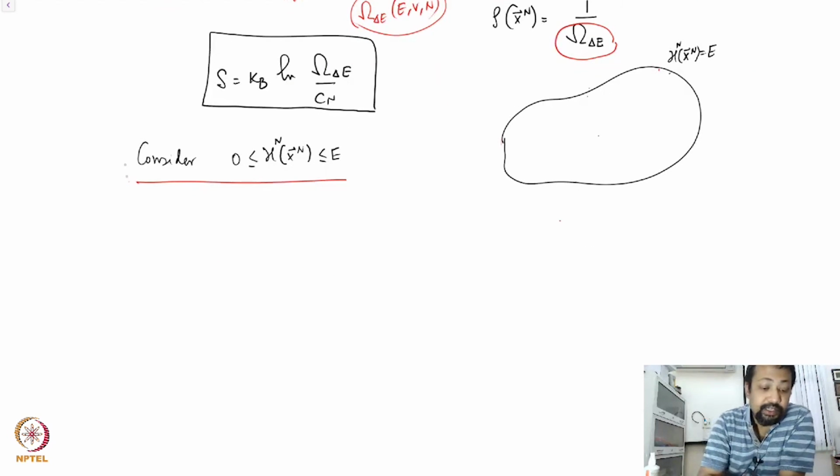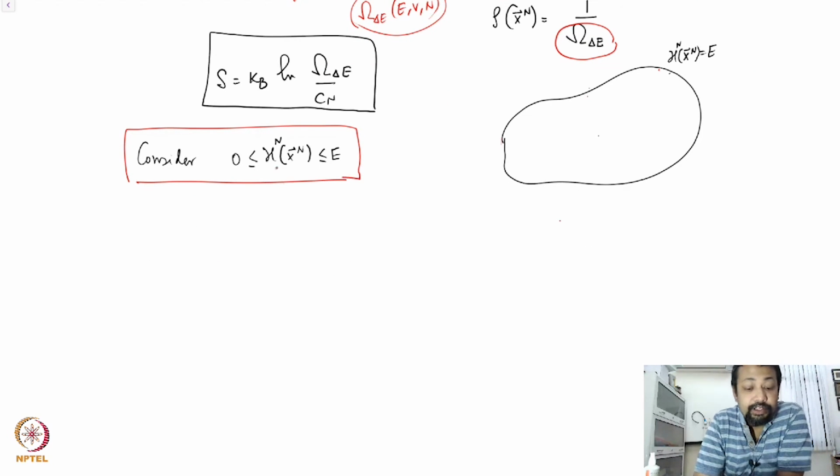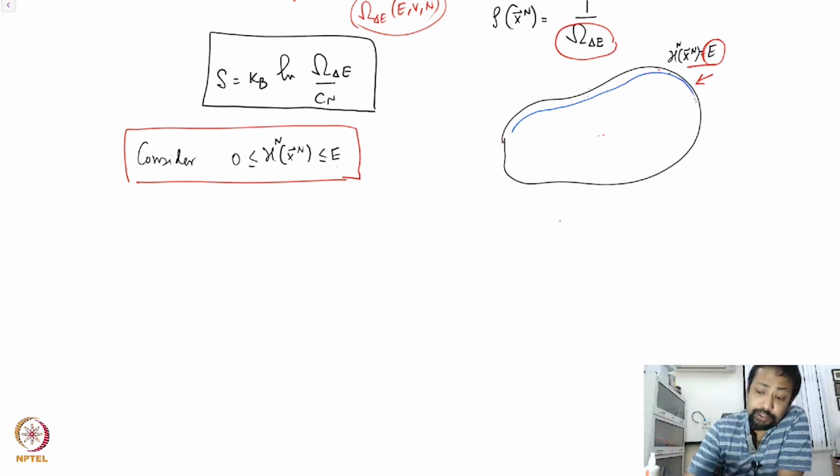For that again, we consider this inequality where now my system is allowed to have energies all the way from 0 to E. So essentially you define this hypersurface which is denoted over here, and the bounding surface is defined by the energy E, whereas the system is allowed to have energies from 0 to E. What you now do is break up this volume into small shells of energy of width delta E.